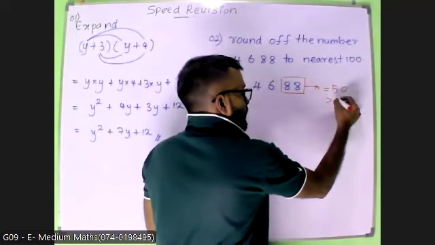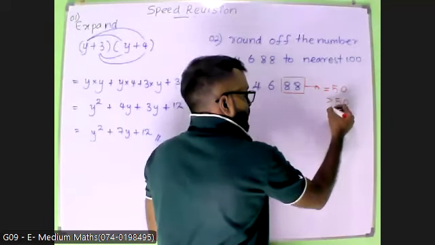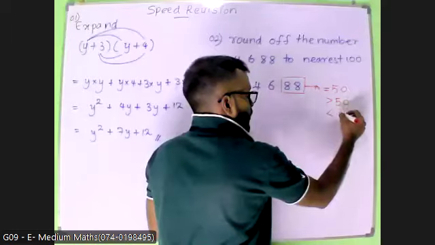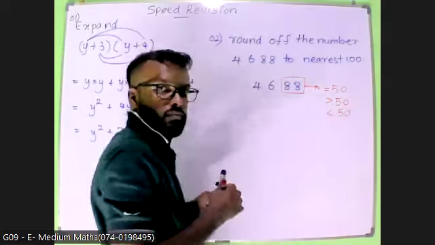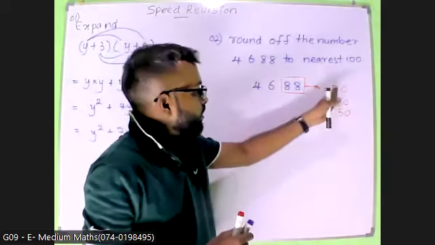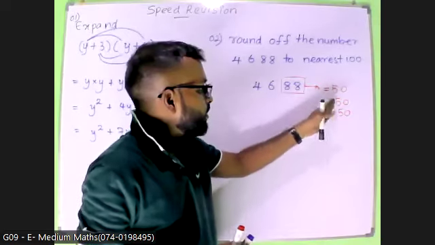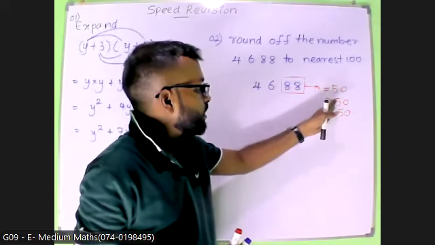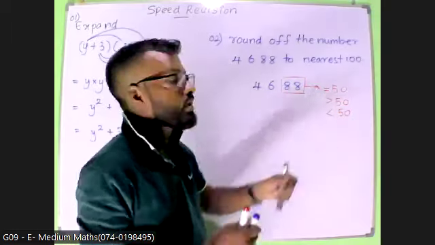You need to check whether this is equal to 50, or less than 50, or more than 50, right?